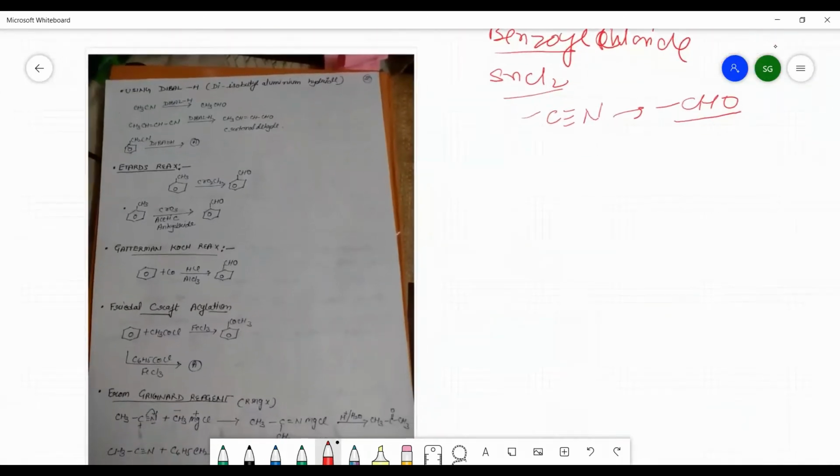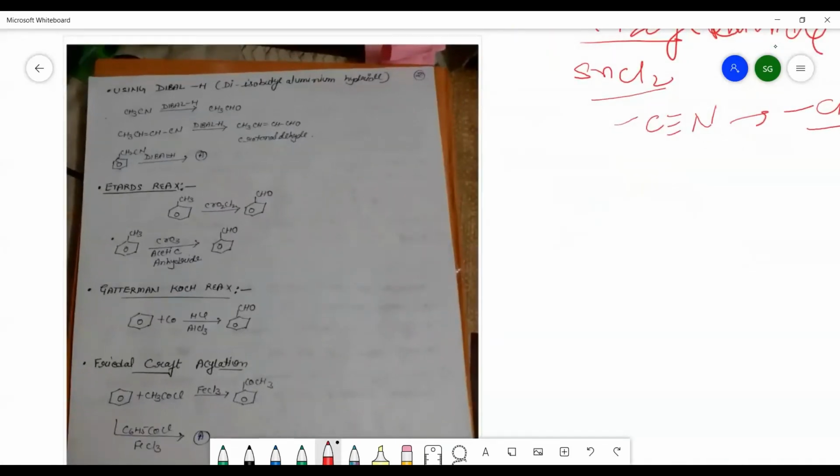Now, another reaction in which we can form the aldehydes is using Dibal H. Here you can easily see that a cyanide group is there, no doubt. In Stephen's, maybe a cyanide group is there, but in case of Dibal H, the cyanide is also converted into CHO.